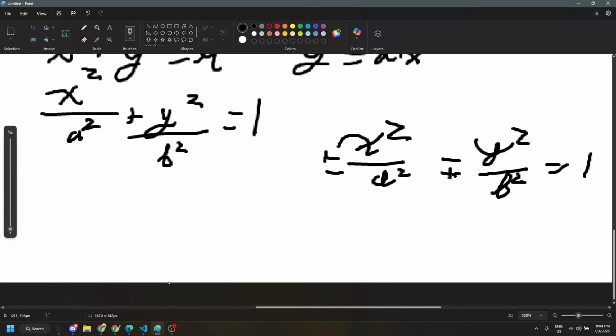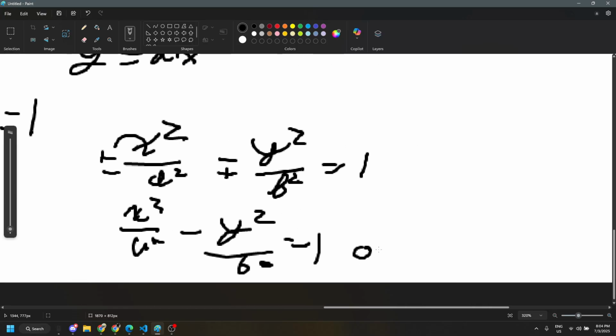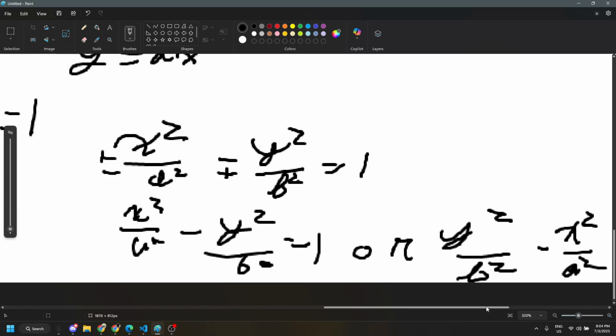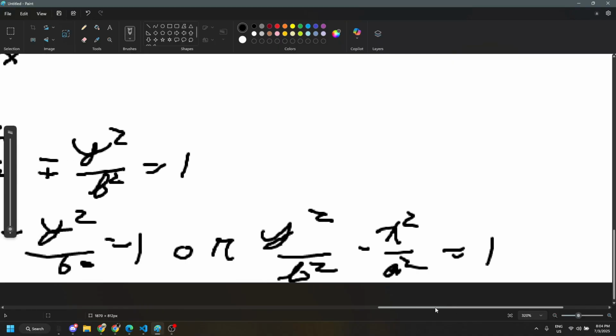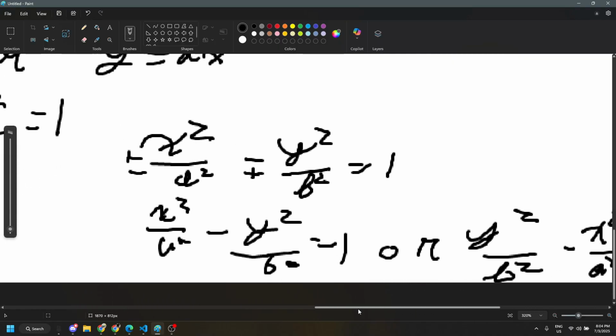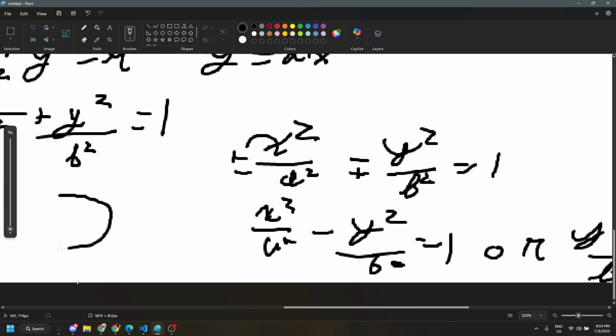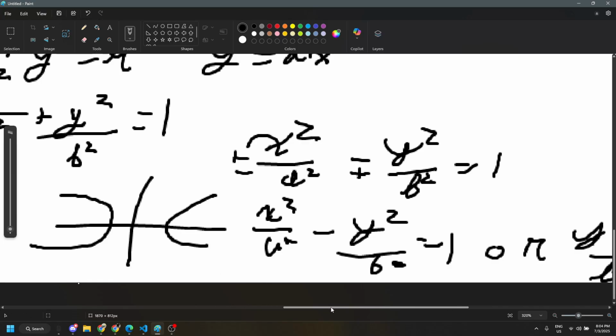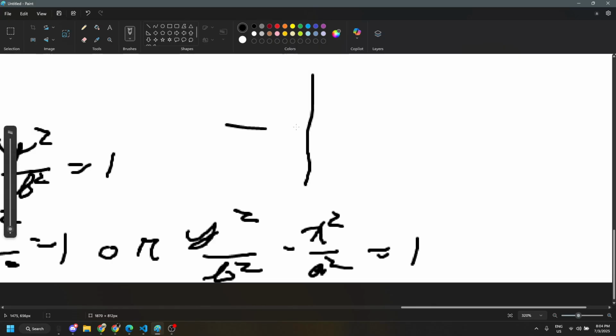So it's either x squared over a squared minus y squared over b squared equals 1, or y squared over b squared minus x squared over a squared equals 1. So these are the two ways you can do it. If x is first, then it stretches infinitely sideways. If y is first and positive, it stretches infinitely upwards like this.